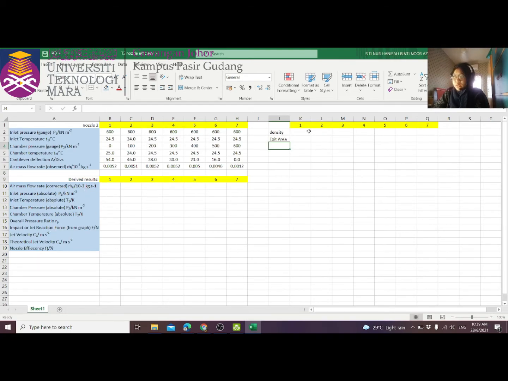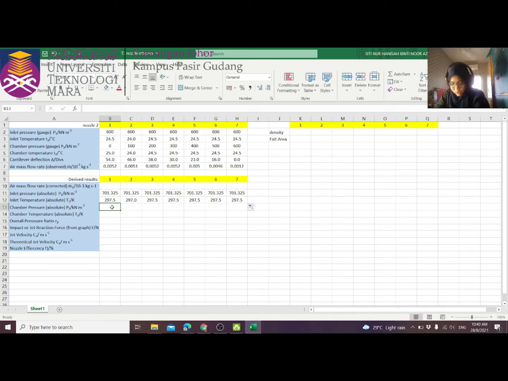So I will place it here beforehand. The first is the inlet pressure, the P1 here. We will place it with 101.325. Then after that, the inlet temperature, which we take from the inlet temperature here, plus 273 to change it to Kelvin.